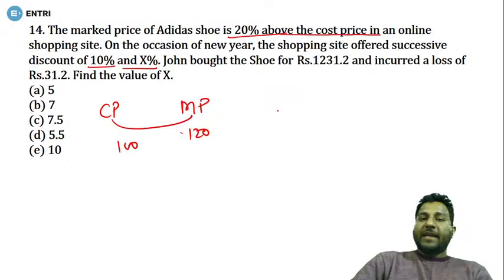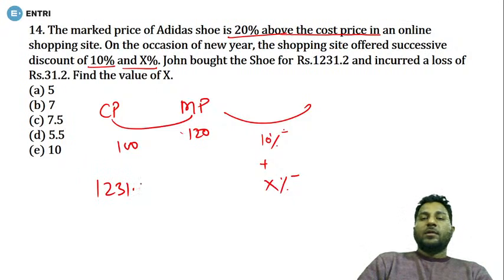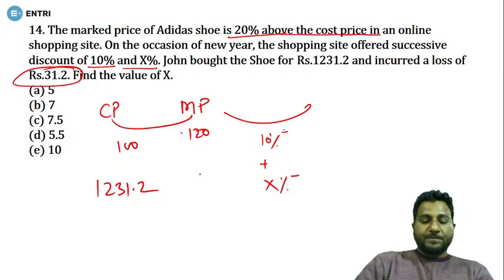Okay, 10% and X percent. So successive 10% and X percent. Okay, John bought the shoe at this and incurred a loss of this. So tell me how you are going to solve this one.